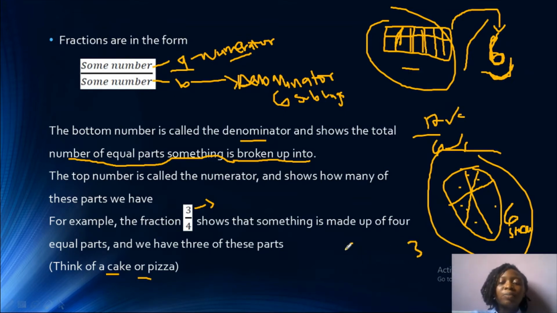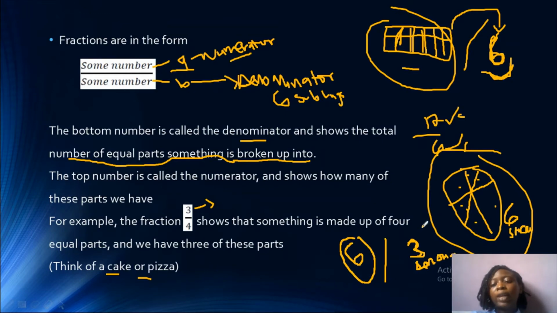So these 6 slices are the whole pizza, the whole thing, which is the numerator, over how many people do I want to give it to? 3. So the 3 becomes the denominator. So when I do my calculation, 3 goes into 6 2 times. It means each person is going to get 2 slices.